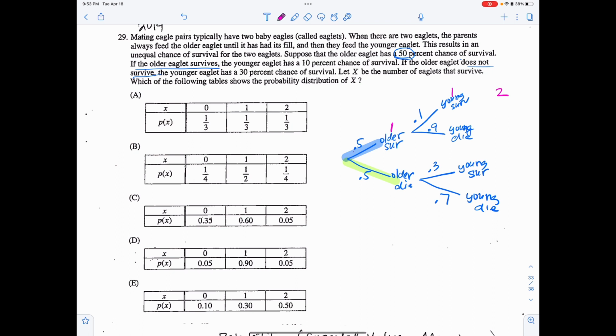The probability of that happening would be 0.5 times 0.1, which is going to be 0.05. If the older survives and the young die, I'd have 1 eagle, and the probability of that happening is 0.5 times 0.9, which is going to be 0.45.